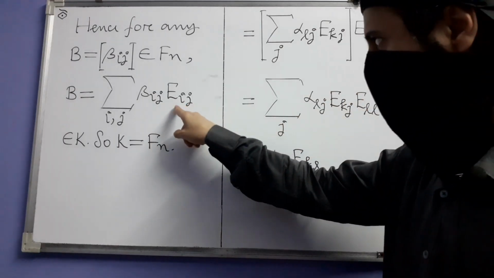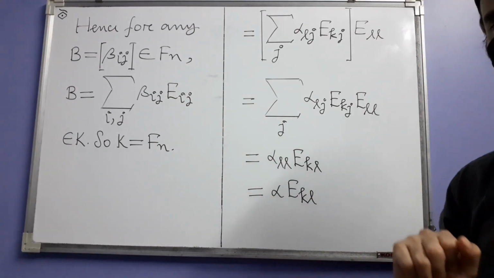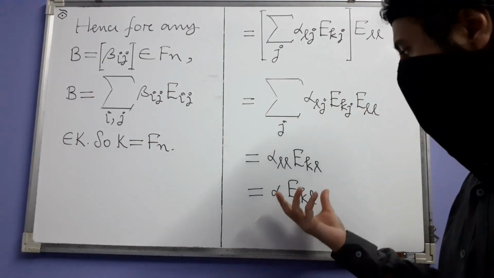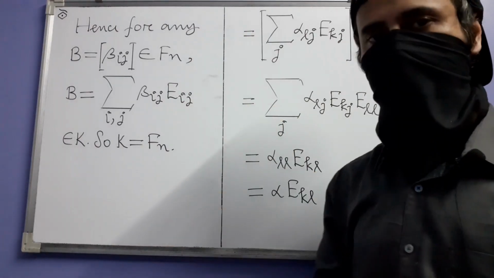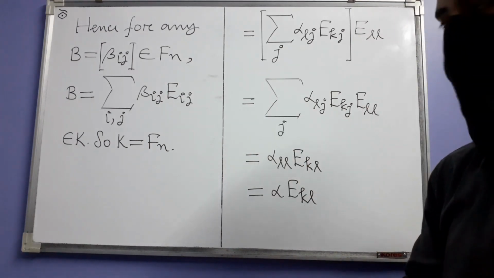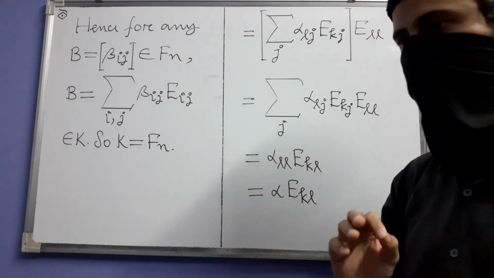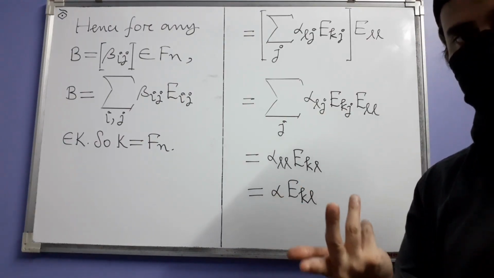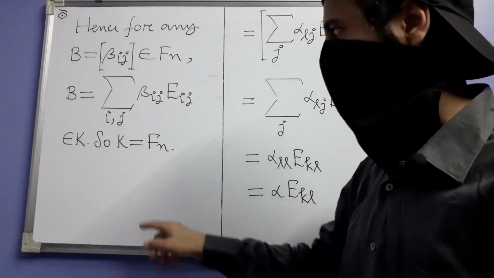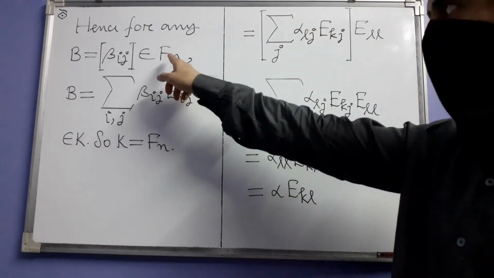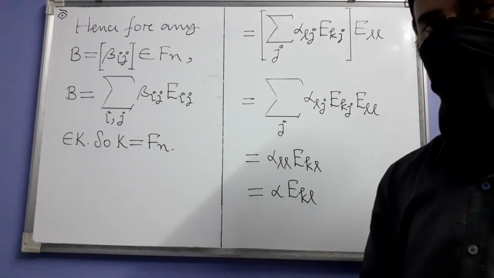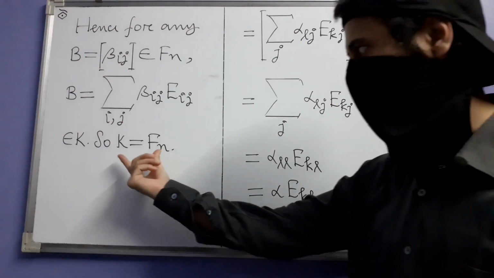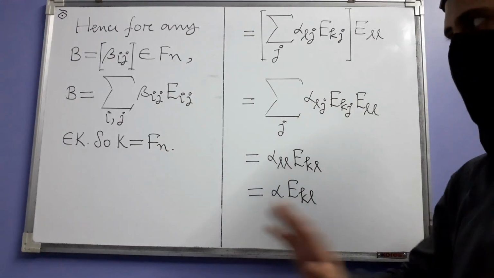That if the indices I and j are different, then no matter by what scalar we multiply the matrix Eij, the resulting product is in K. And in the beginning of the solution we showed that any scalar times Eii is also in K, and K is a subring, so K is closed under addition. So this sum is also in K. So any element in Fn is in K. So Fn is a subset of K, but K being a subring of Fn is itself a subset of Fn. So that way K is equal to Fn, and that completes the solution.